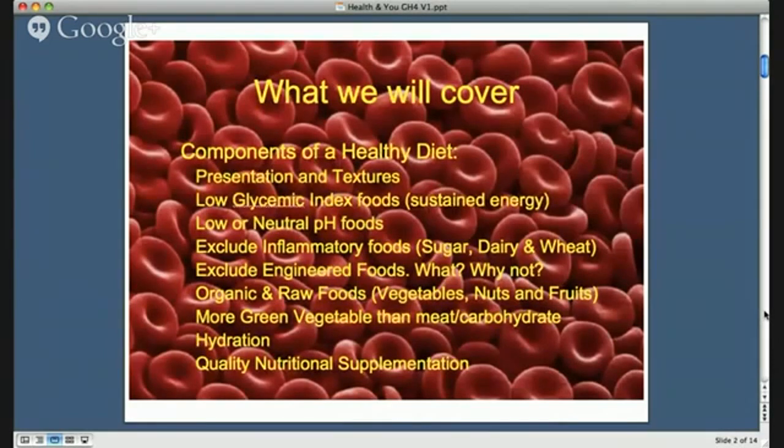So presentation and texture, low glycemic index, pH low and neutral, excluding inflammatory foods, excluding engineered foods, and we'll cover what that is and how I define that. Organic and raw foods, green foods, more vegetable than meat and carbs, and hydration, as well as quality nutritional supplementation.